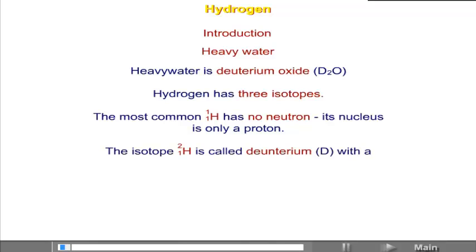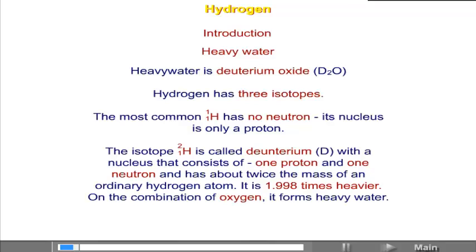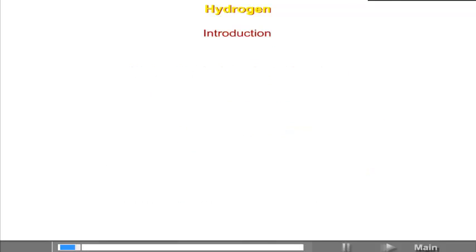The isotope 1H2 is called deuterium D with a nucleus that consists of 1 proton and 1 neutron and has about twice the mass of an ordinary hydrogen atom. It is 1.998 times heavier. On the combination of oxygen, it forms heavy water.